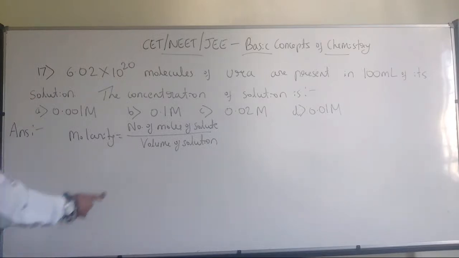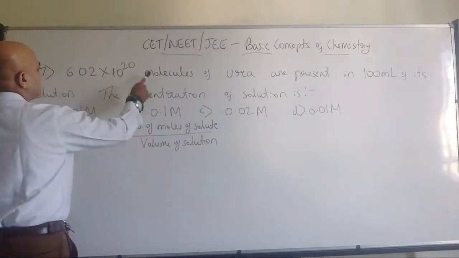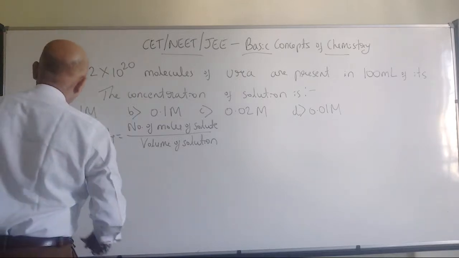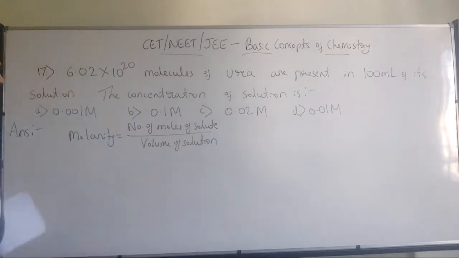So therefore they have given molecules, so we have to say this many number of molecules corresponds to how many number of moles. Okay, so in that case we can use the Avogadro's number information.